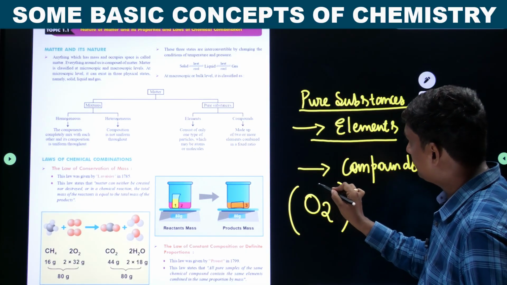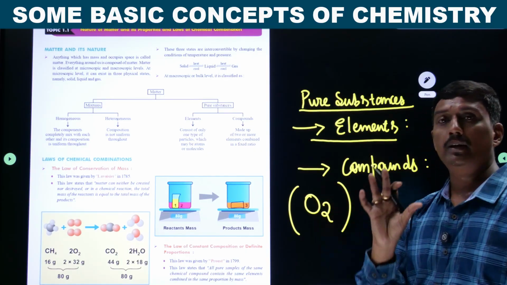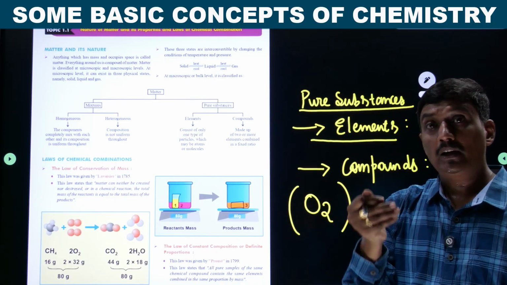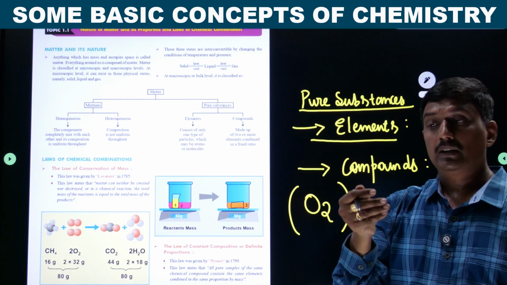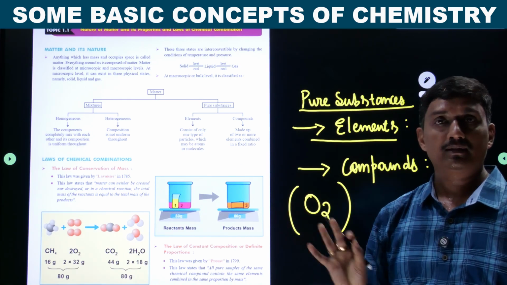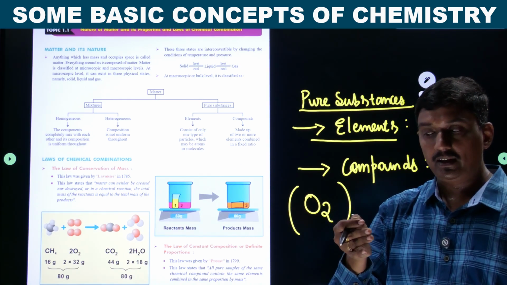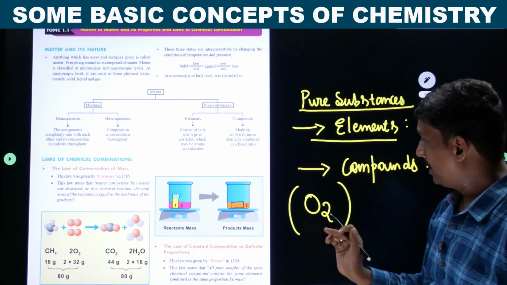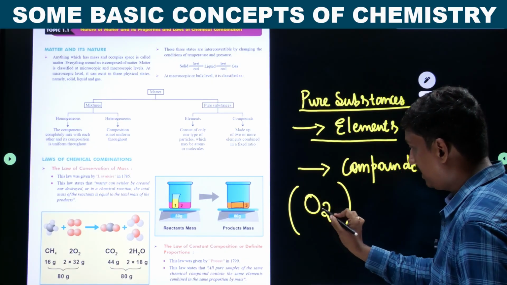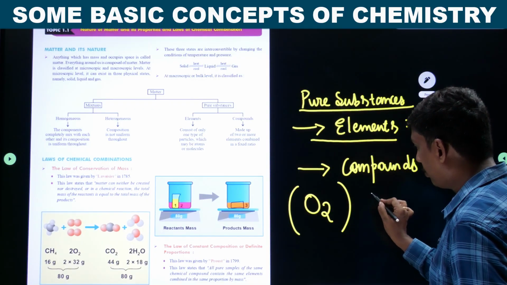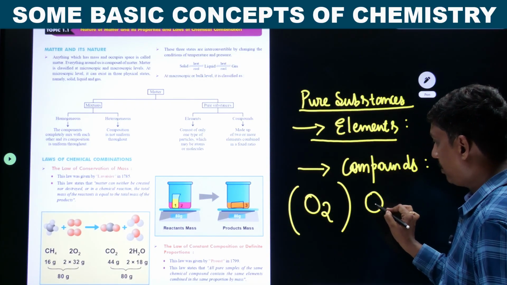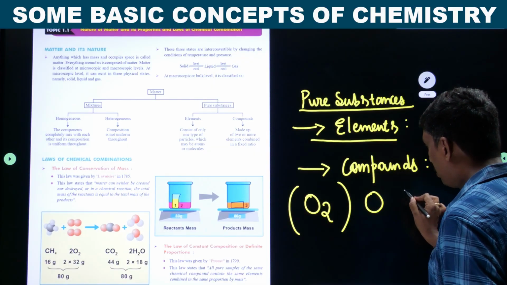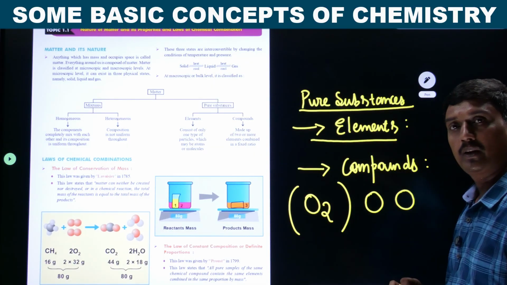Whether it is a compound or an element is the question. If you are telling it is an element, what are the properties required to state it is an element, or which are the properties required to state it is a compound? This is very important. Look here, oxygen is symbolically written as capital letter O. O2 means two oxygen atoms are there.